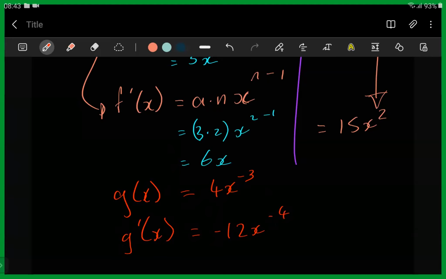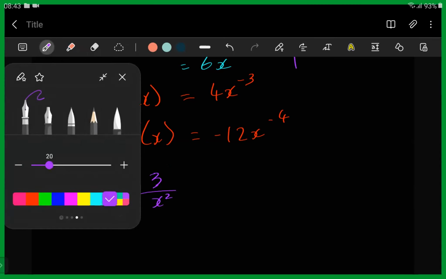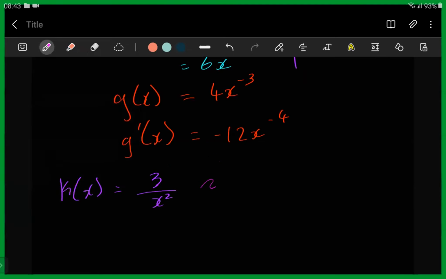So speaking of negatives, sometimes they can give you your equation with, let's say, 3 over x squared. This is a different kind of scenario. But before you can differentiate anything, always make sure that you have written it in standard form.